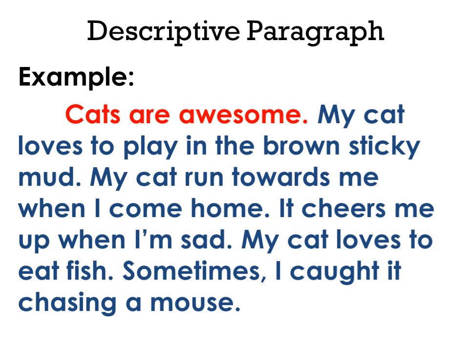Supporting sentences are only there to support the topic sentence. They give the reason why cats are awesome, or elaborate the topic sentence. So do you think cats are awesome too?